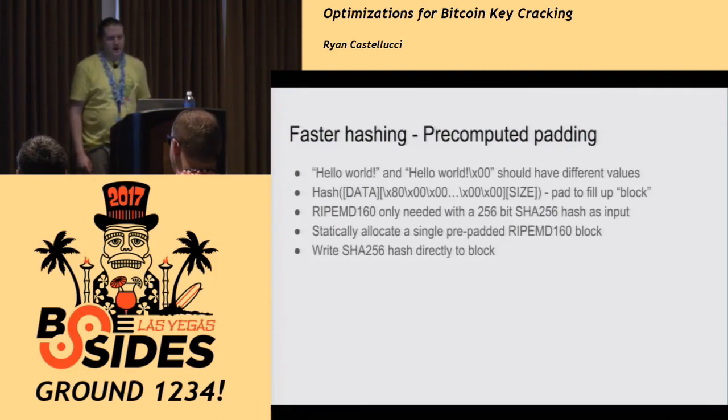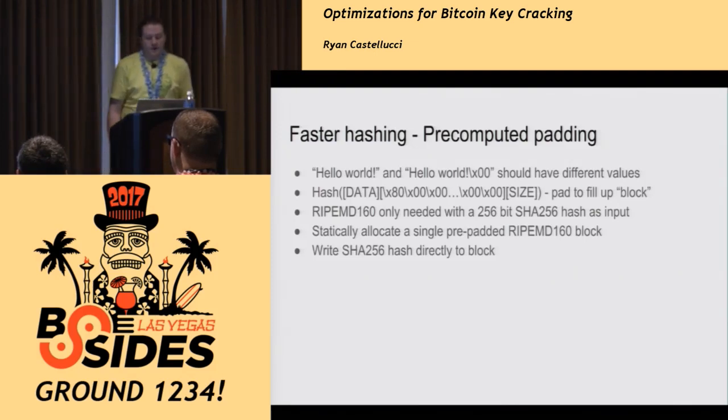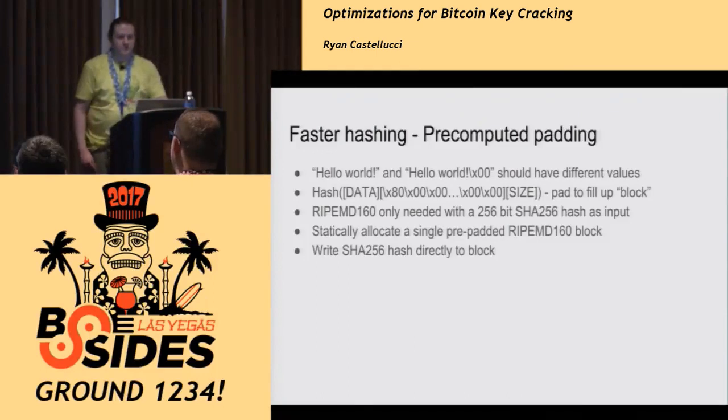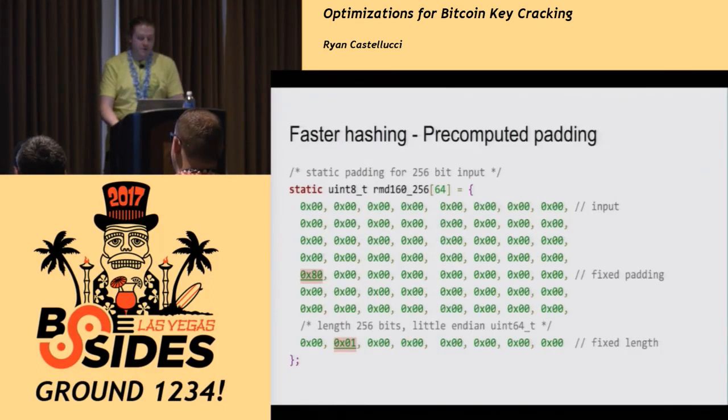So there's a bunch of static buffers in Brainflare that have that all computed already. And then to speed things up a little more, SHA-256 output is written directly into the pre-computed buffers for RIPE-MD160, so no copying is required there.